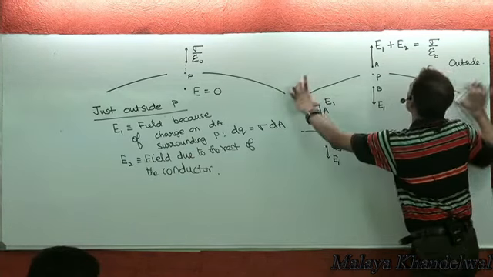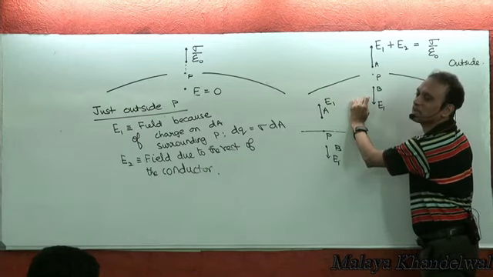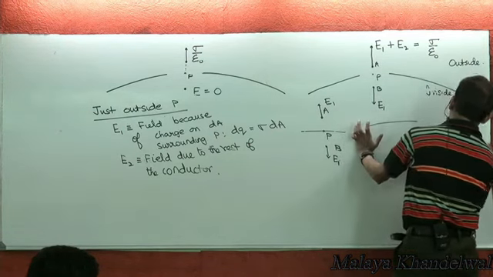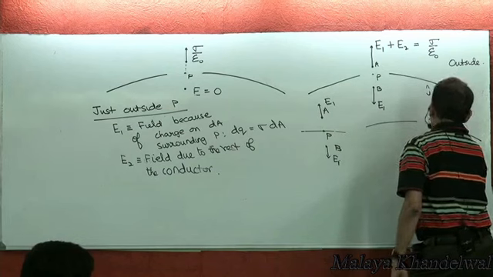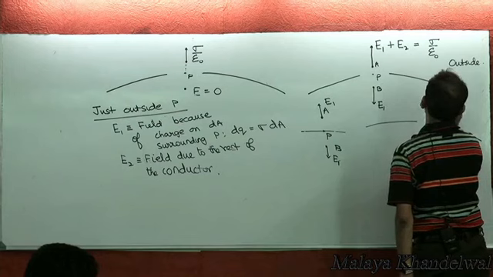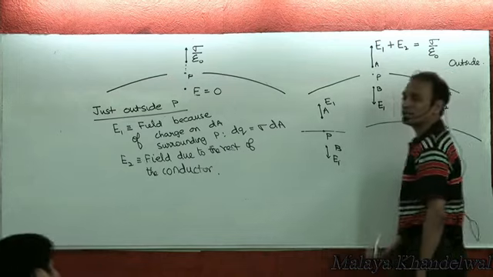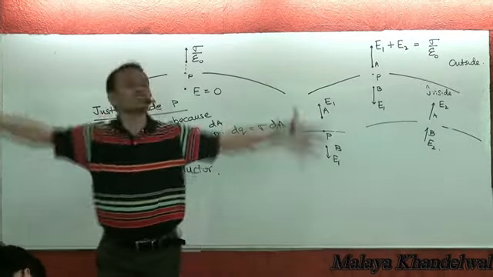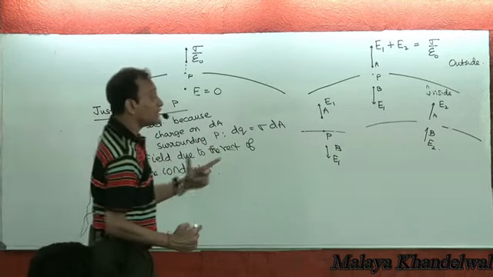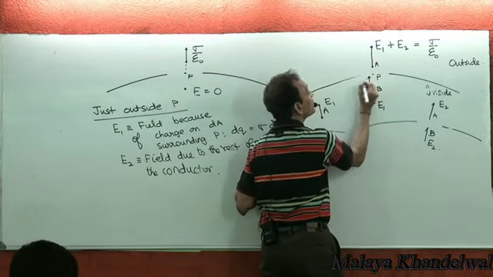Now, this very large conductor has no way to distinguish between A and B. Whether I look at this point A or a very nearby point B, if at A there is an electric field E2 produced by the rest of the conductor, then at B also the electric field would be E2. Because for the large conductor, A and B are almost indistinguishable. So at B, the electric field because of the rest of the conductor is E2 upwards.